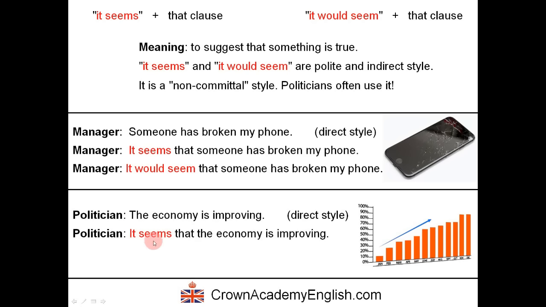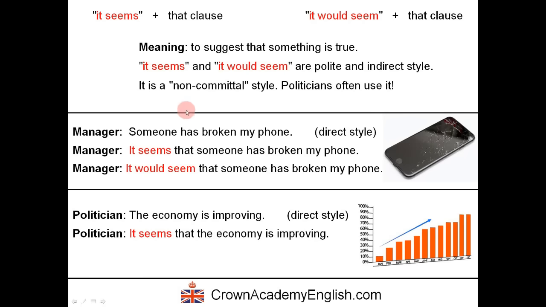So this means I have the impression that the economy is improving. Okay, so if the economy drops in the future, then the politician can say, well, I never said it would definitely improve.